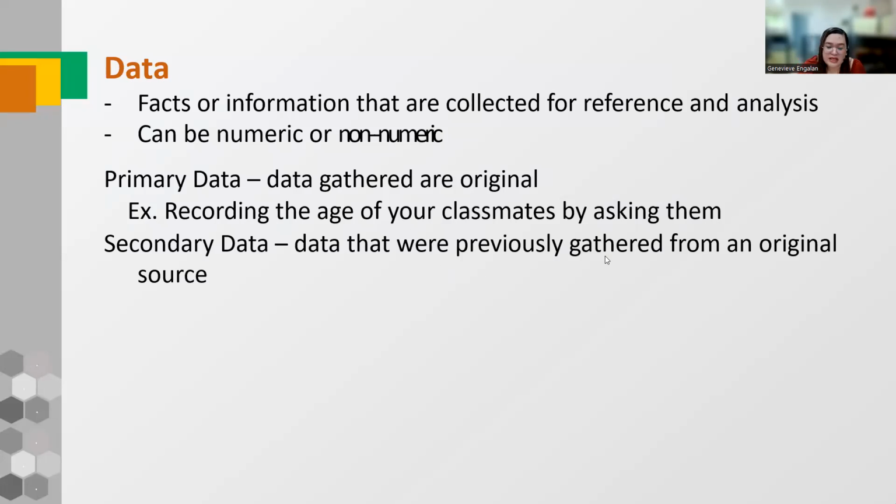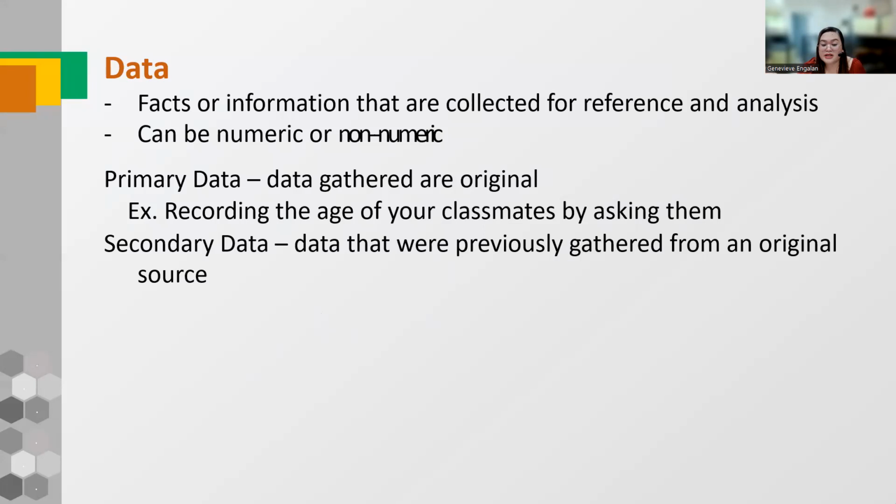The data were previously gathered from an original source. Suppose you are studying and you need the data on 4Ps from the DSWD. The one who gathered the data is the people at the DSWD. So the DSWD collected the data. You can write letters to the DSWD asking if you can use their data, so you can ask for it.